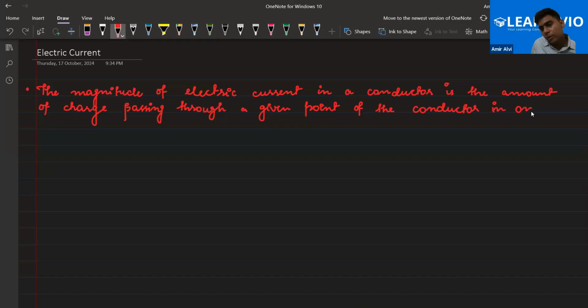So it means that whatever number of charges are flowing through that conductor in 1 second, in unit time, that is called the electric current in terms of charge and time. Am I clear to all of you?